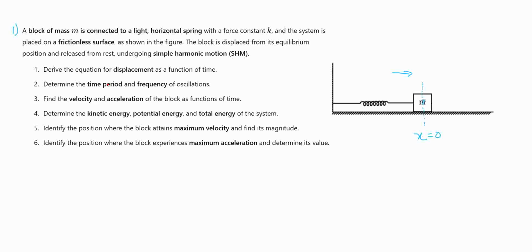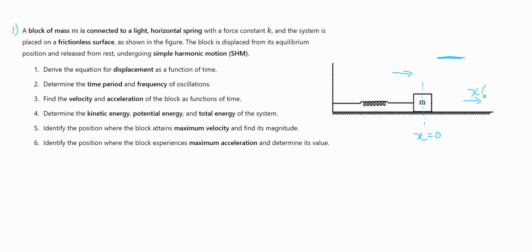Once you calculate the center of mass, draw a line, and you may take that as the x equal to 0 position, so that the center of mass will oscillate only in one dimension. If this is the center of mass, it just moves like this and like this. So that oscillation is in one dimension. I am taking this x equal to 0 in this way, and this I take as the positive x-axis.